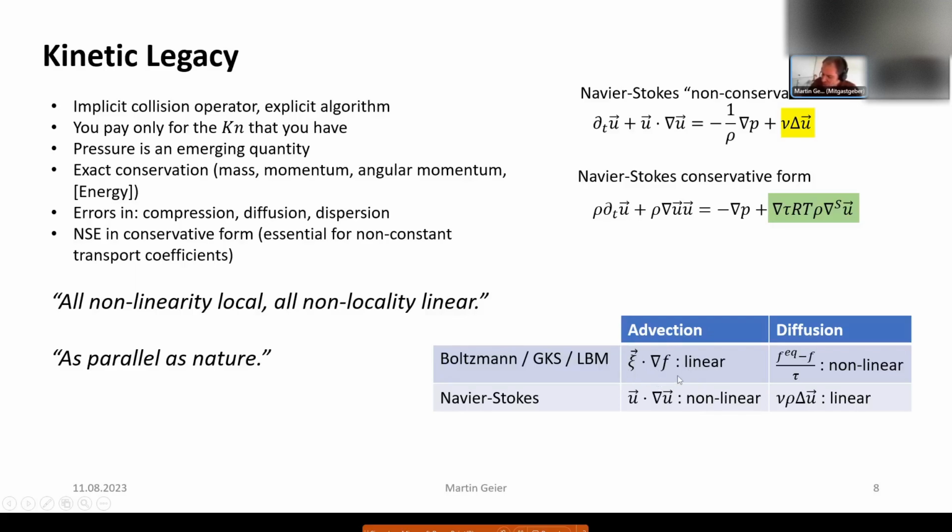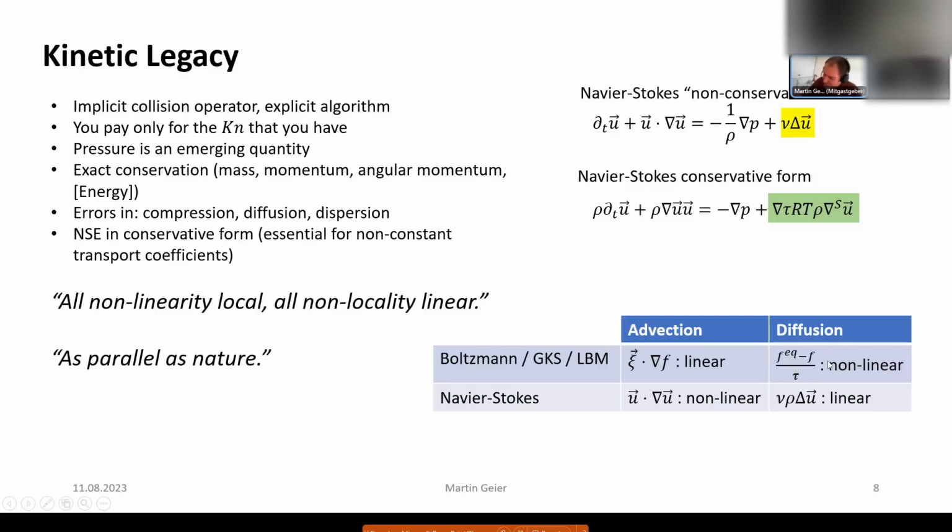And this is also the non-local operation. Now, diffusion in the Navier-Stokes equation is, interestingly, a linear operator, and in the Boltzmann equation, it is implemented through the collision operator, which is the nonlinear part. But this is a local operation.